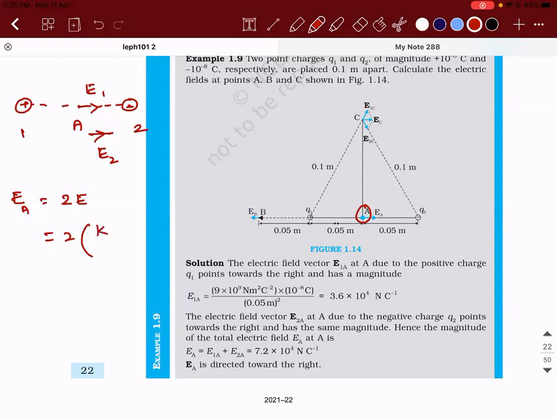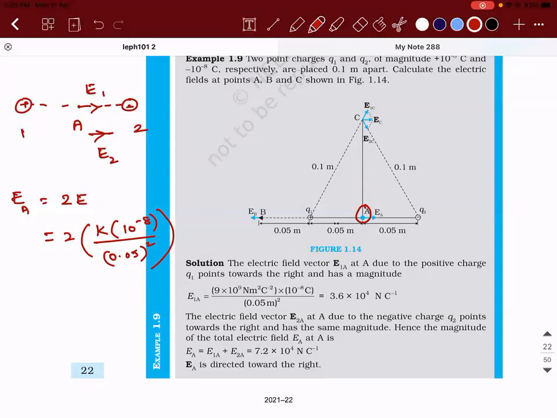K into Q, 10 power minus 8, divided by 0.05 square. And the value of K is how much? 9 into 10 to the power 9.